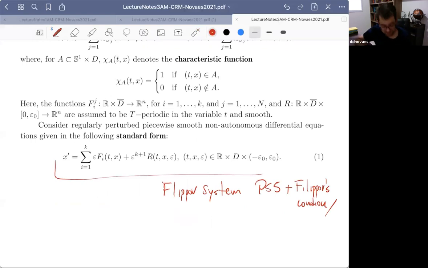At this point, I think that you have heard a lot about Filippov systems in other courses, so we can just use the concepts and definitions of this kind of system.